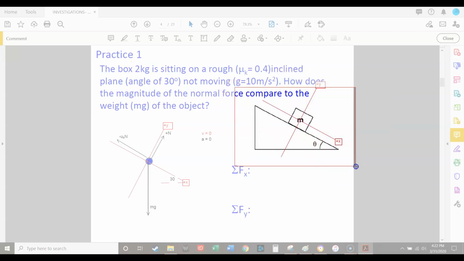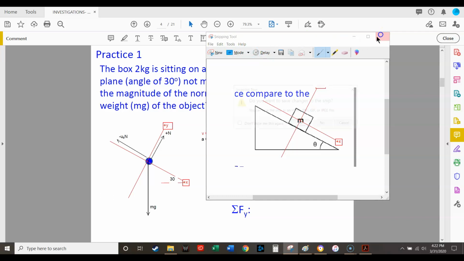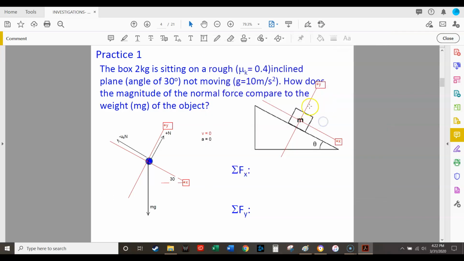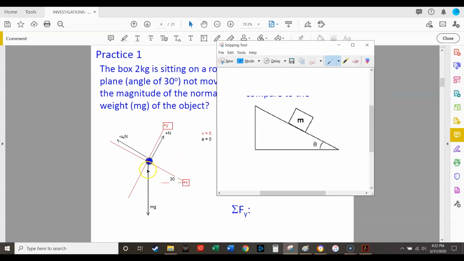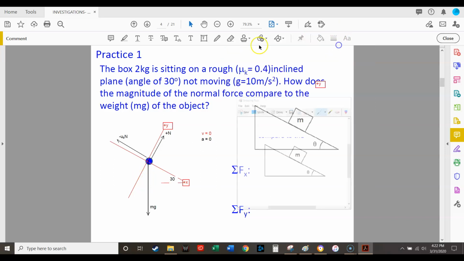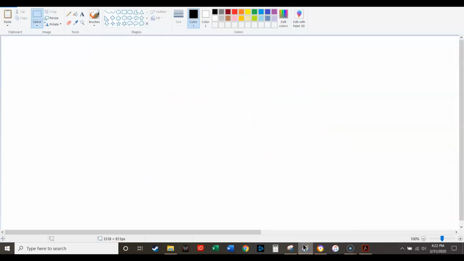I'm going to remove this, and remove this, and I'll snip it. Go ahead and snip this. And I'm going to show you how 30 degrees is right there. All right, I put that back, and now I'm going to go to here.